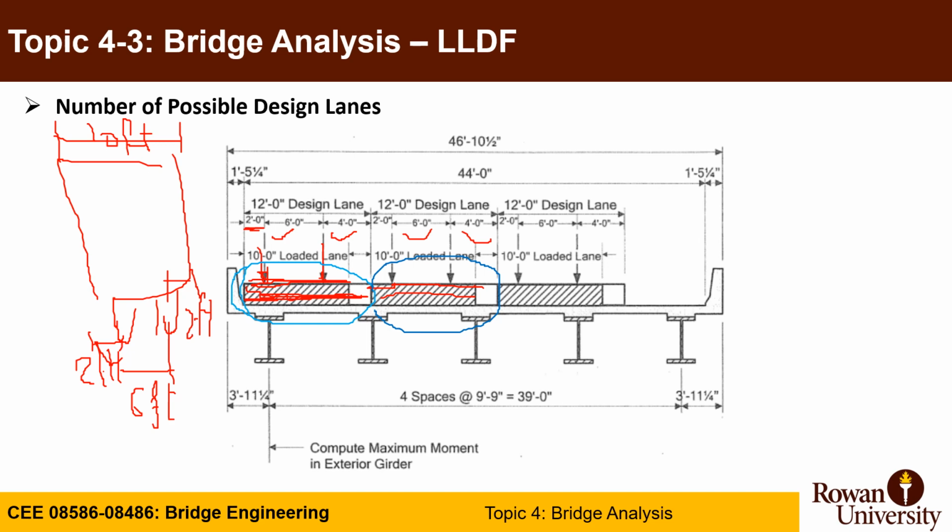So you can keep adding for the third lane. If you keep adding from the beginning 2 feet, 6 feet, 2 feet, and a gap of 2, and another 2, this will give you 6 feet. So basically, you can start laying out your loads at 6 feet intervals in the transverse direction.